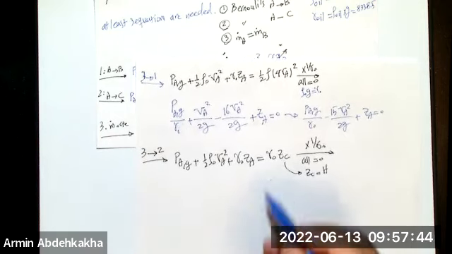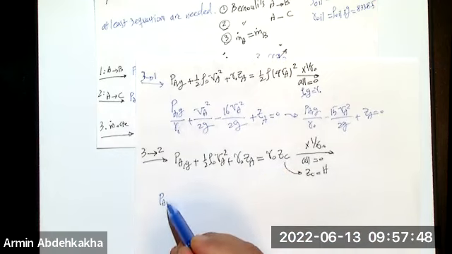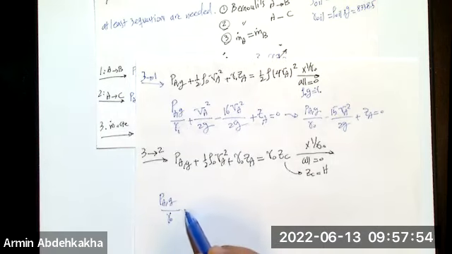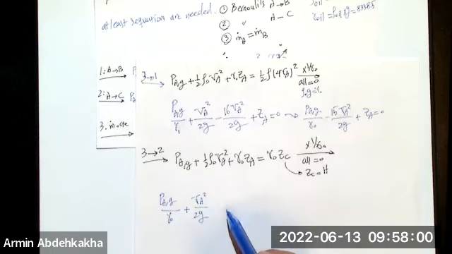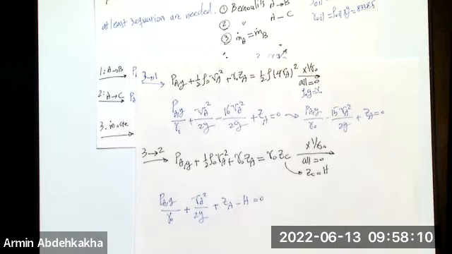Okay. P_A gauge pressure over the gamma of the oil plus V_A squared over 2g plus Z_A minus H equal to 0.